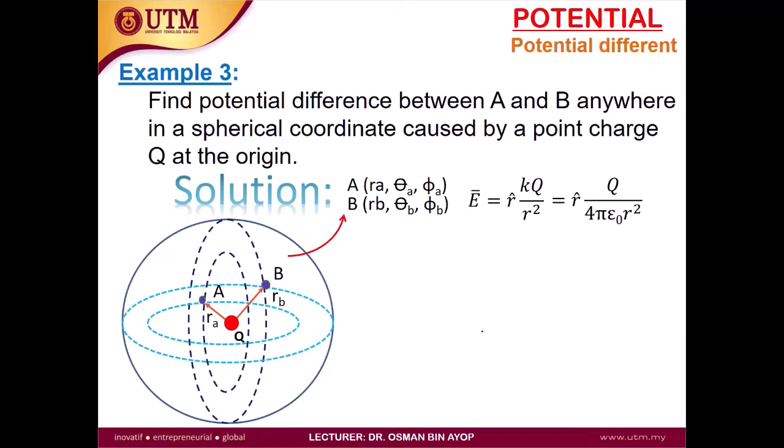So this is the general expression for the E field due to a point charge, as you know. And then to find the potential difference between points A and B, we use this expression: negative integration from B to A of E dot dl.